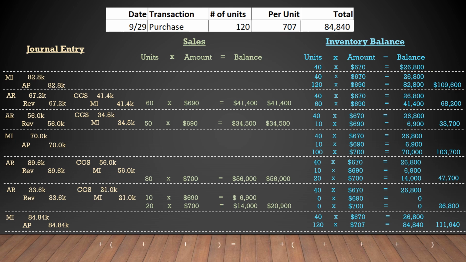That same reconciliation of beginning inventory plus purchases equals ending inventory plus cost of goods sold still holds true.